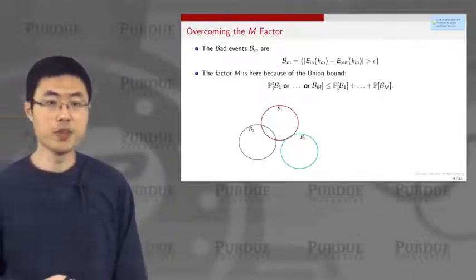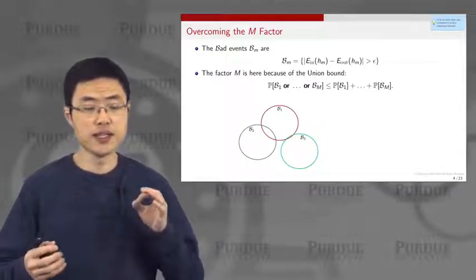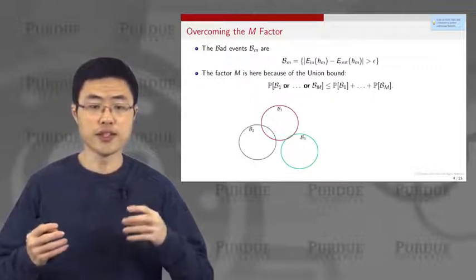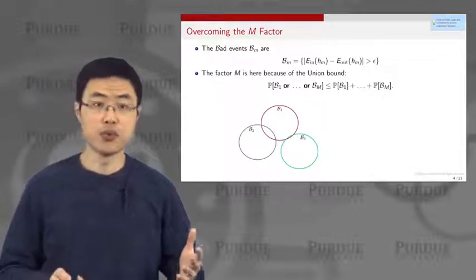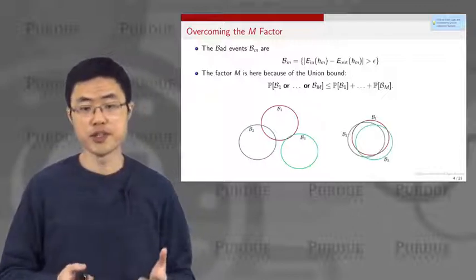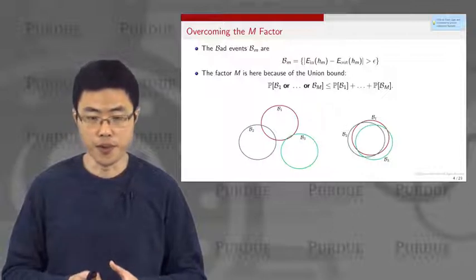Now, the problem of the union bound, as we discussed last time, is that the union bound is only good when the events are not overlapping. If the events overlap, then you will run into some problems, because then the union bound becomes an overestimate of the underlying phenomenon.